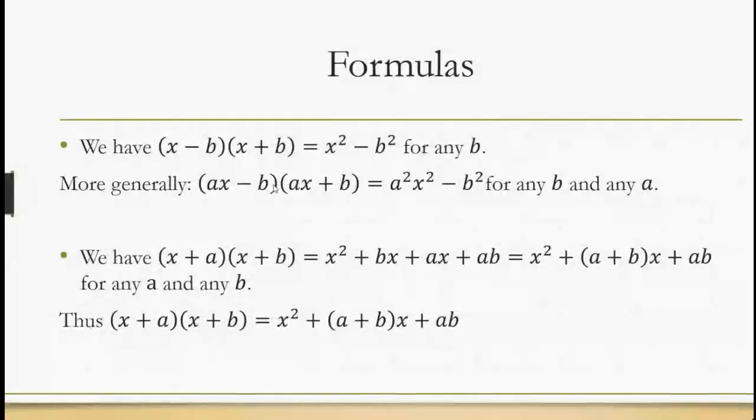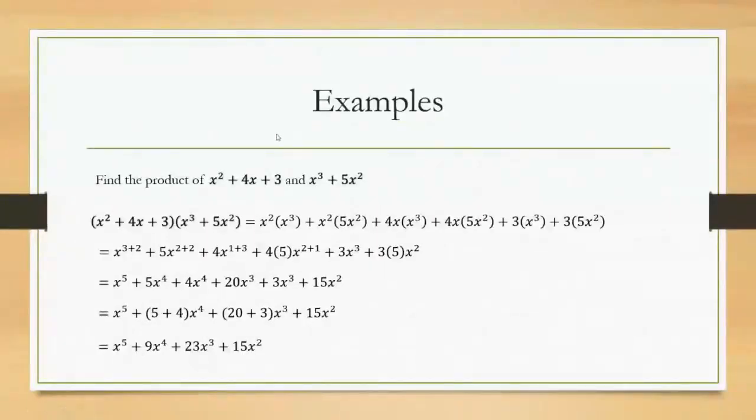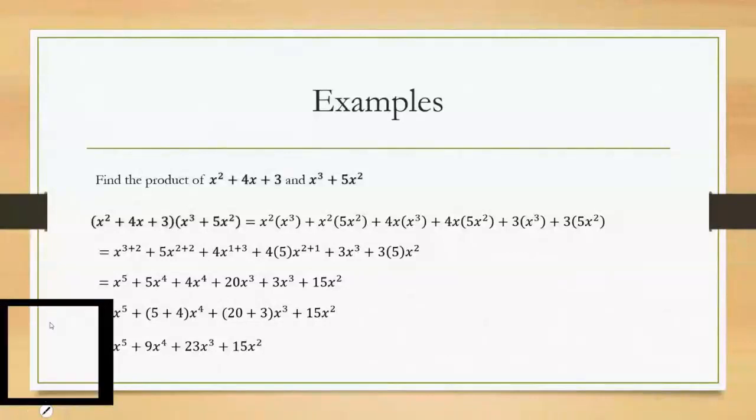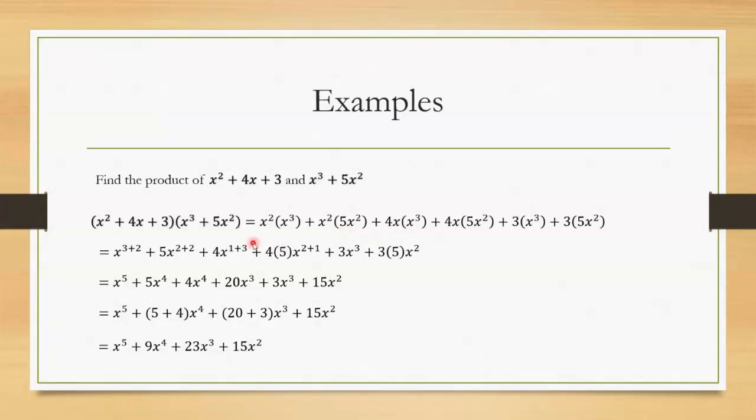Okay, so again, this is just another example with finding a product. Just another one I wanted to throw in there, mostly because that's how you learn, through examples. And it's really just distribution is what I'm doing here. I'll just let you look at it for a bit.